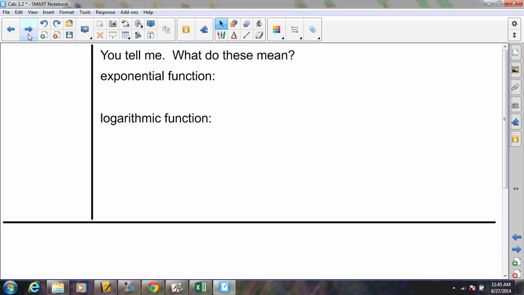So exponential functions we already looked at. That would be something like 5 to the x, where we have a constant raised to a variable. And we know their basic format.